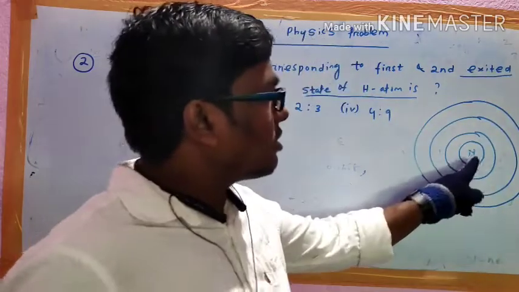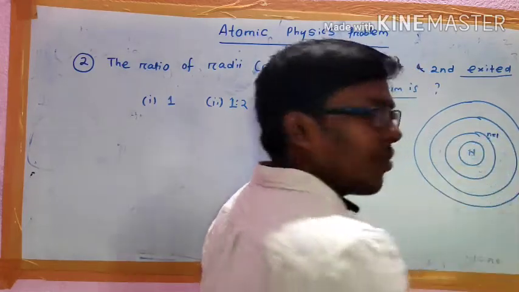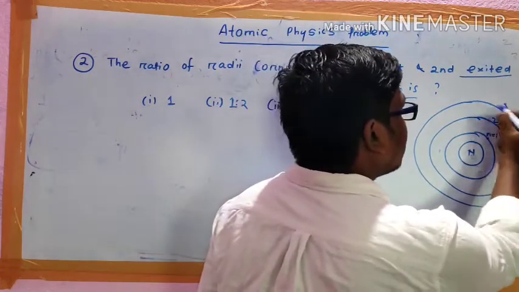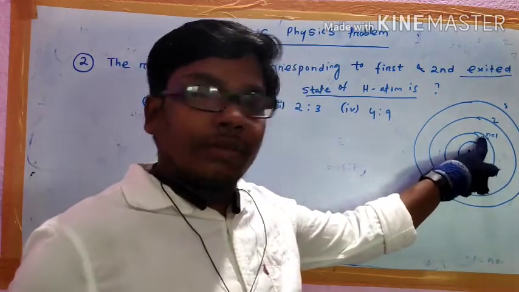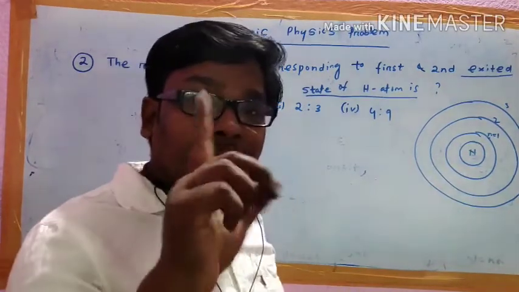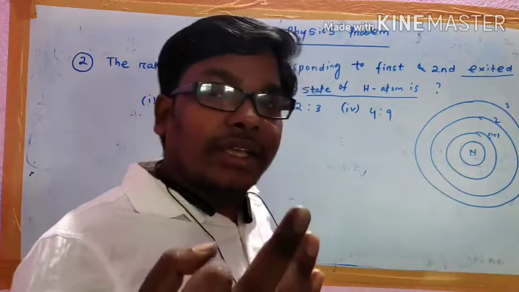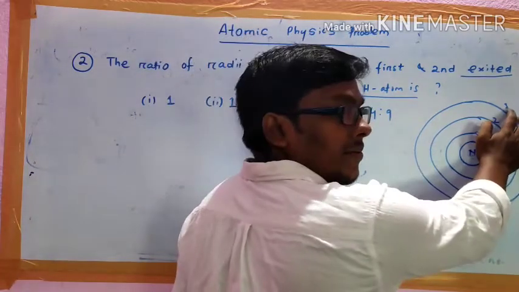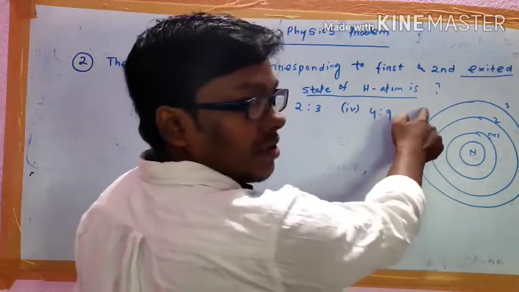This is our first orbit, n is equal to 1, this is 2 and this is 3. This is our ground state orbit. Then the first excited state orbit is 2, and the second excited state orbit is 3.